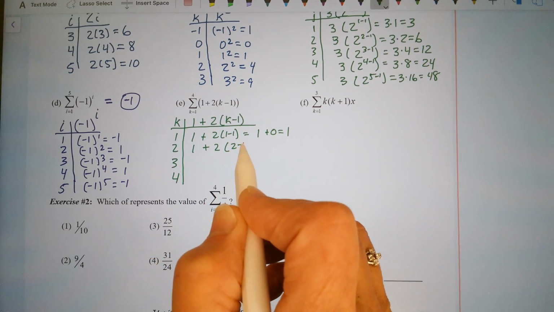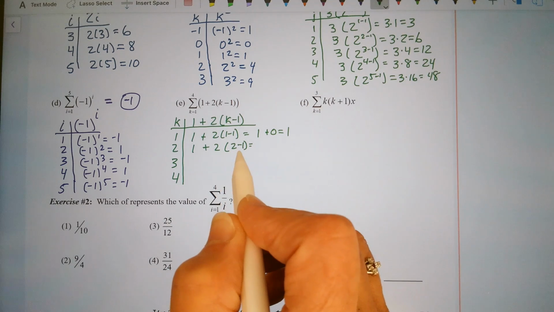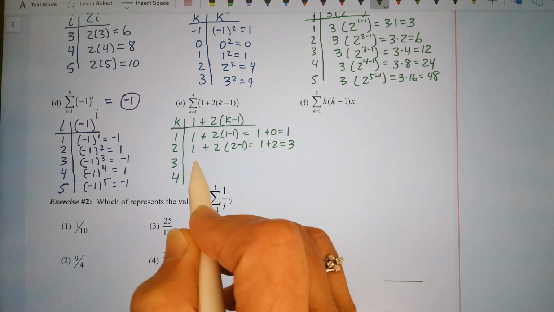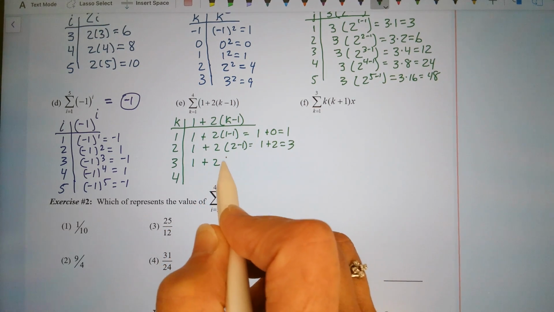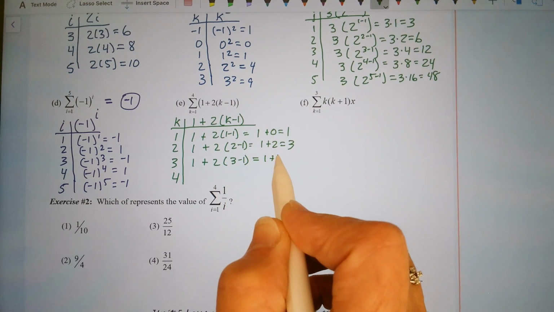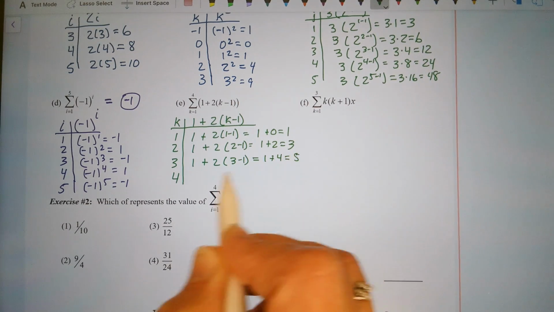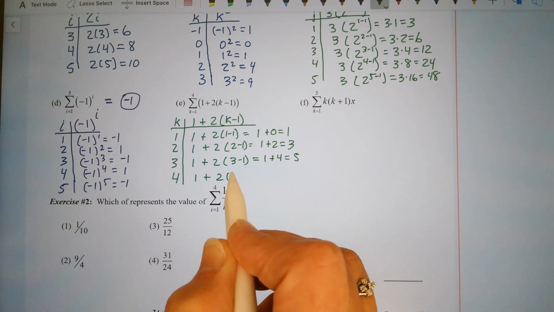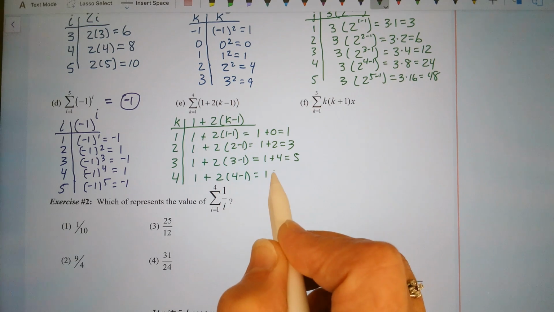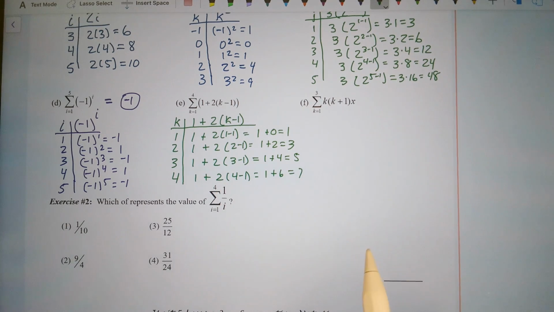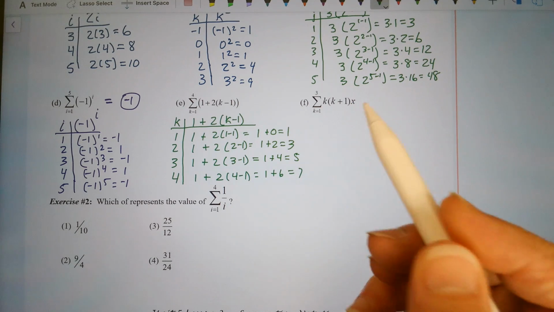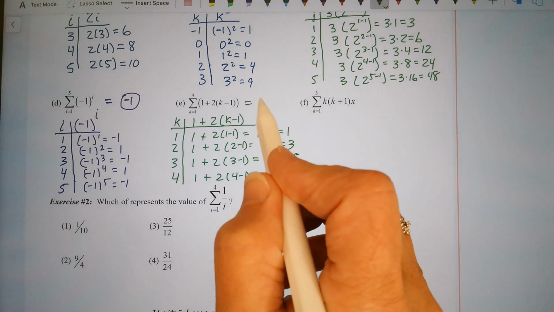And 2 in for k. It's 1 times 2 is 2. And continuing. Times 2 is 6, plus 1 is 7. And now the sum, 1 plus 3 plus 5 plus 7 is 16.